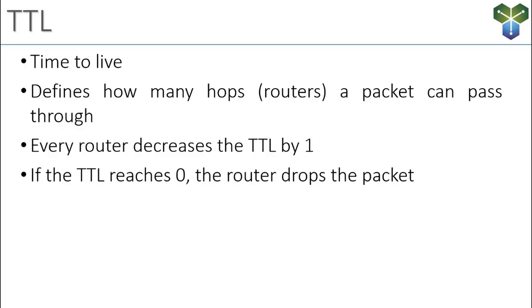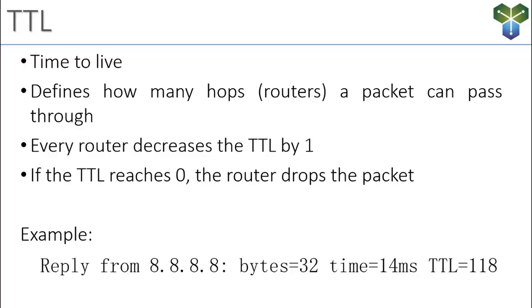And the purpose of this is to not have packets just endlessly going through networks. If a packet can't get where it needs to go within 128 hops or 256 hops or 64 hops or whatever the value is, that packet is going to get dropped by the router. So here's an example of a ping.